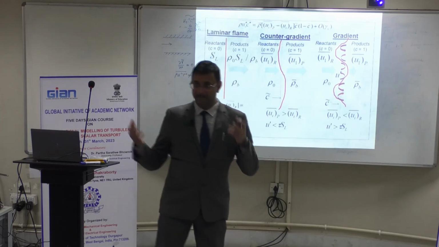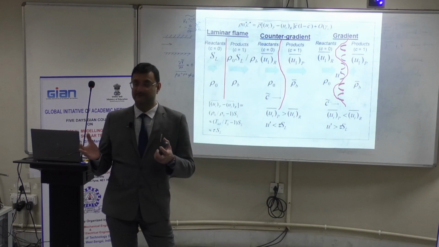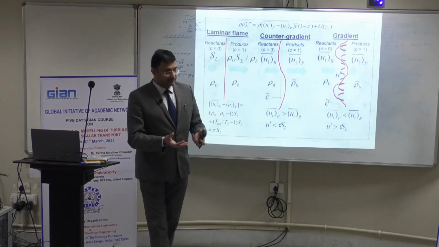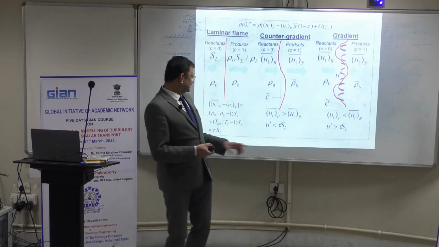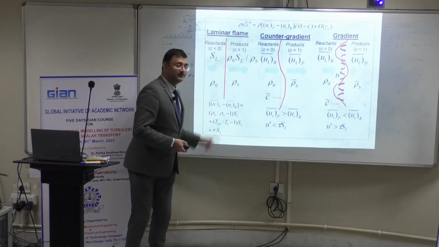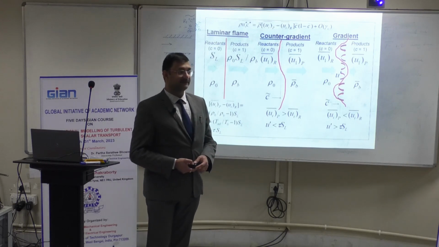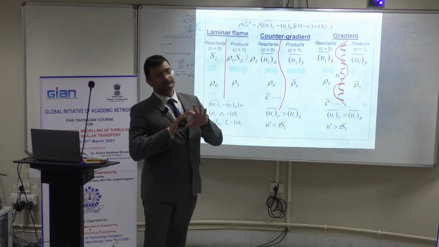So it's a matter of competition between the turbulence induced velocity fluctuation and the velocity jump induced by thermal expansion as a result of chemical heat release. Clear?